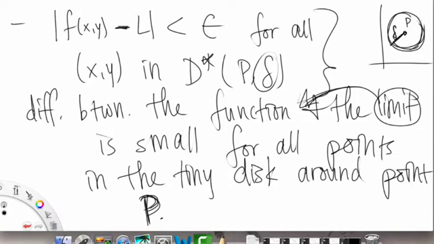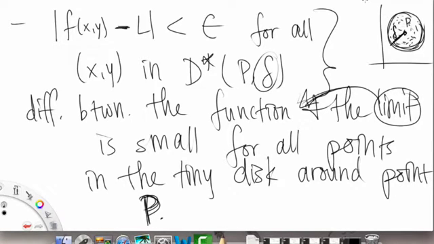For all of those points in here, the difference between the limit and the actual value of the function at each of those points must be very small and insignificant for the actual limit to exist.